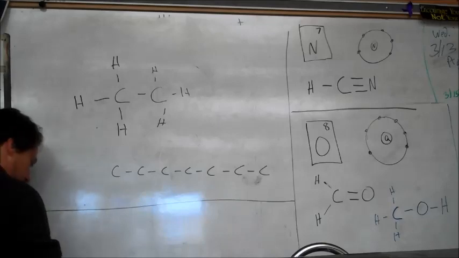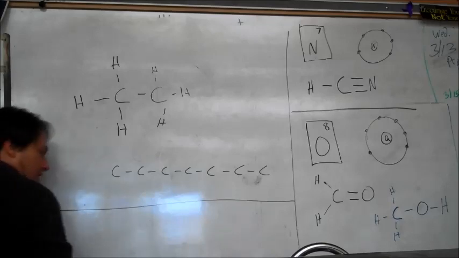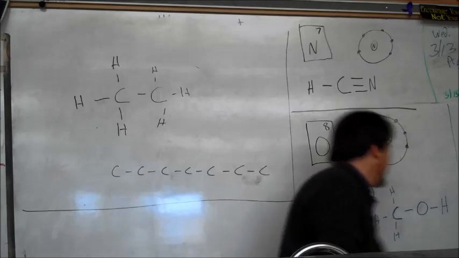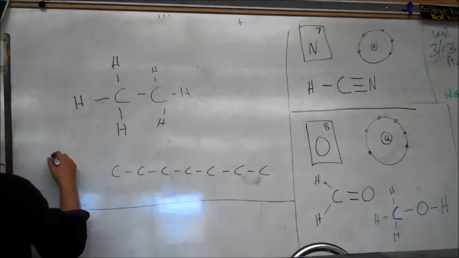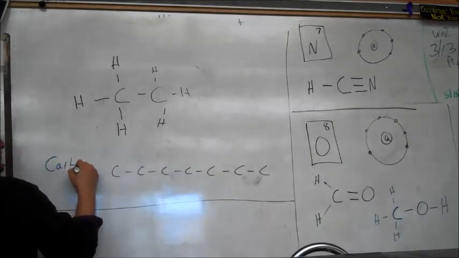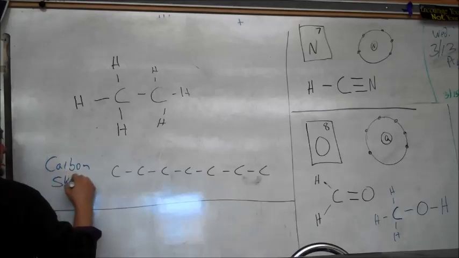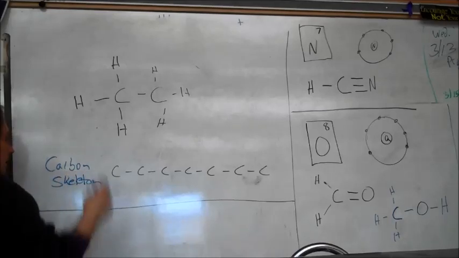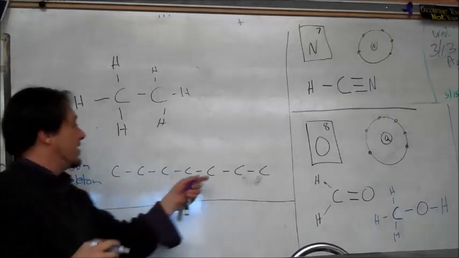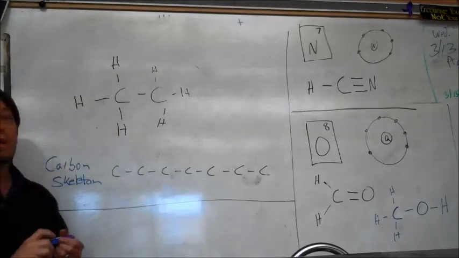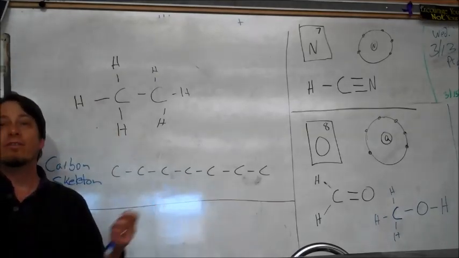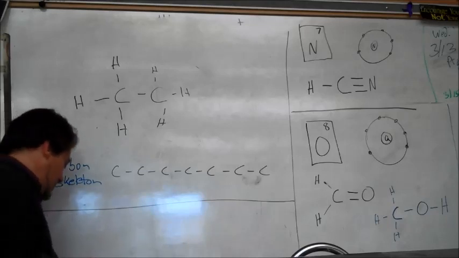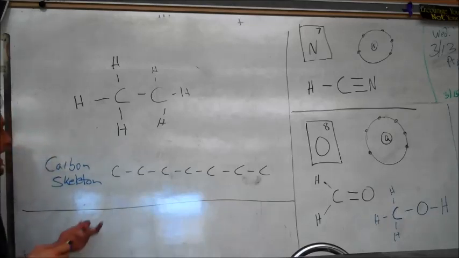No, red doesn't work too well. How about blue? Blue's nice. This is a carbon skeleton. Carbon skeleton means that I can put carbons together as many ways as I can imagine, as long as each of the carbons has its 4 bonds.